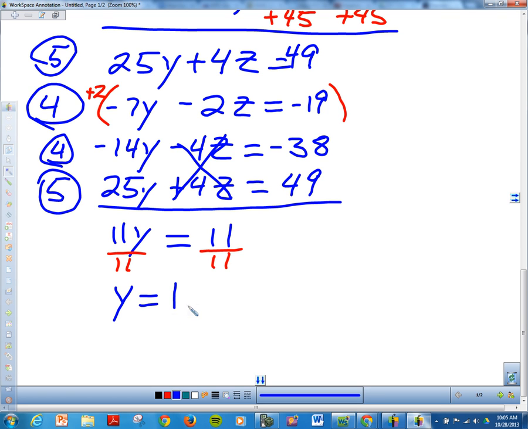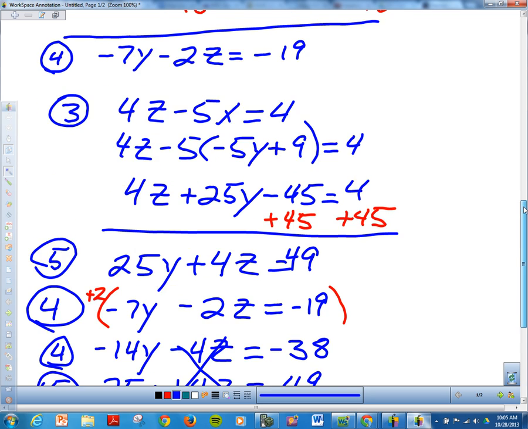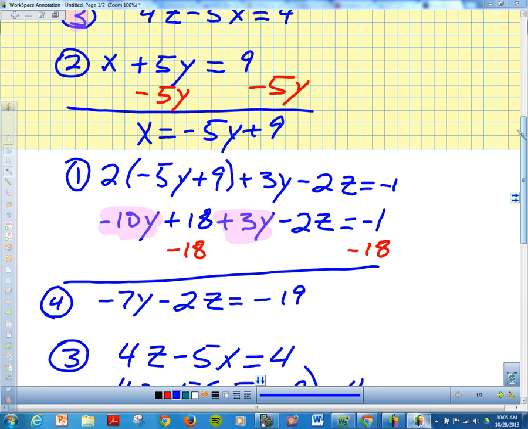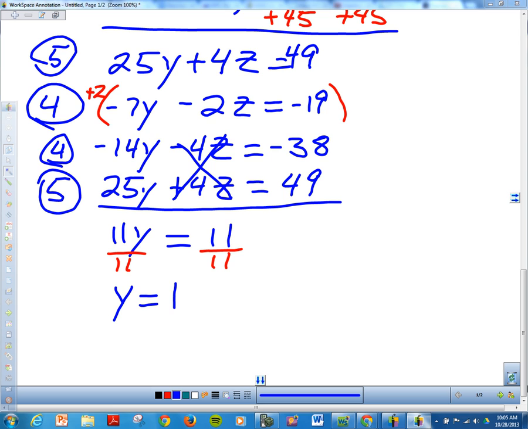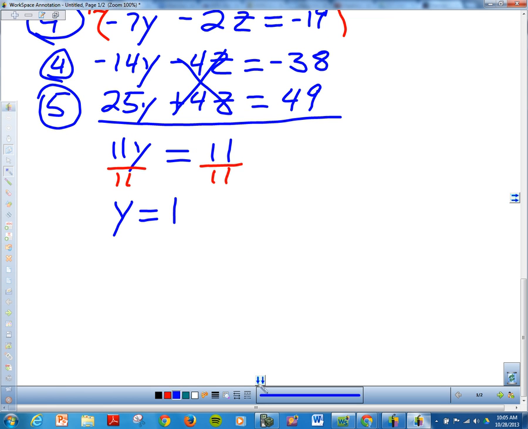Yeah, I'm going to take this y equals 1 and plug it into this equation right here because it's already solved for x. So I'm going to plug y equals 1 into this equation because we already have x by itself. So x equals negative 5y plus 9. Because this one's already solved for x, it's going to be the easiest way to do it.